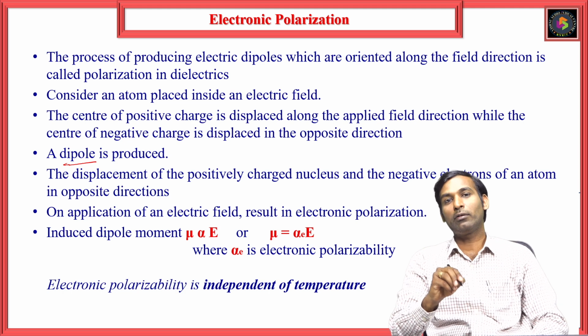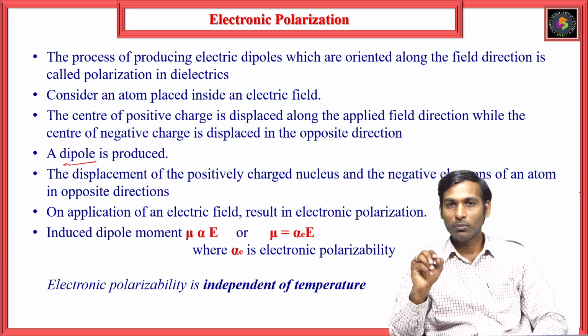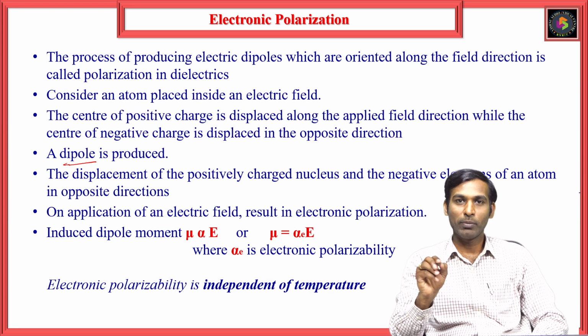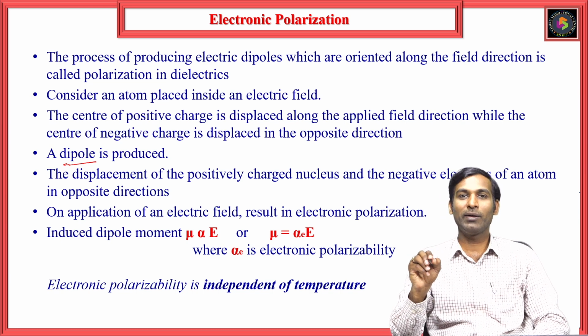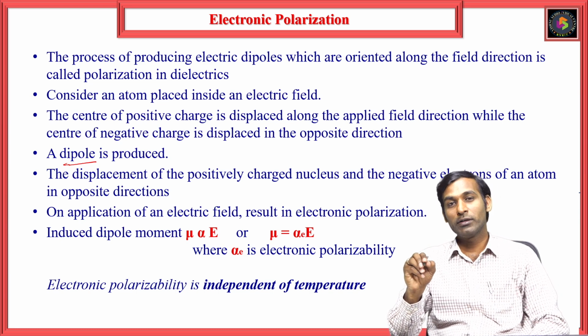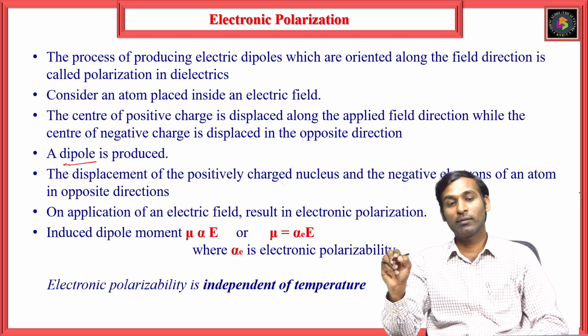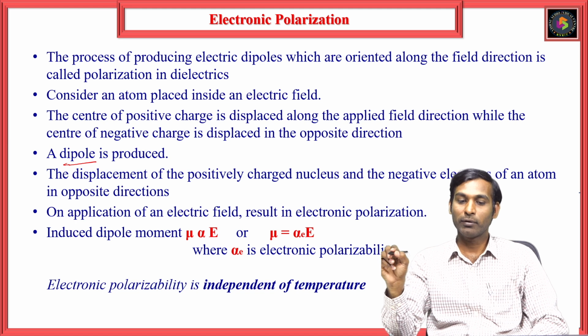In mathematical notation, induced dipole moment is denoted by the symbol mu. The induced dipole moment is directly proportional to the electric field intensity. So as induced dipole moment increases, electric field intensity also increases.